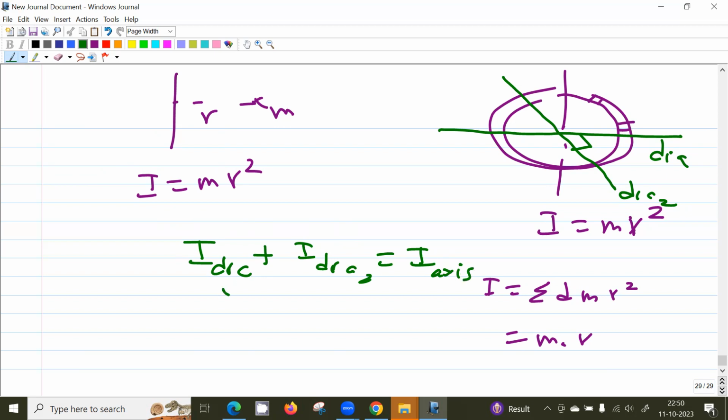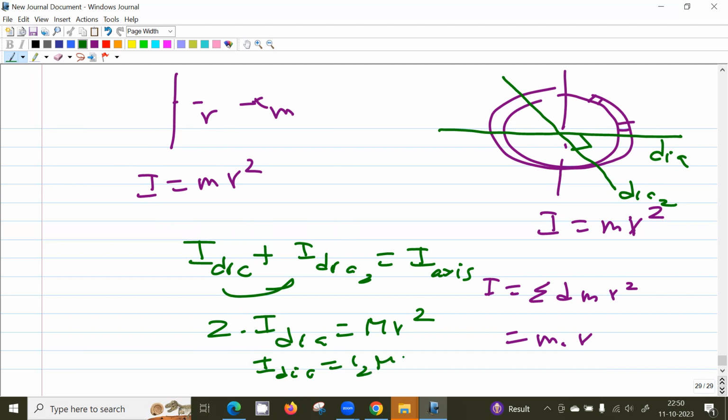And by symmetry, these two are equal. So this becomes 2 times I about the diameter equal to I about the axis, which is mr square. So from this, I get I about the diameter as half mr square. So here I use the perpendicular axis theorem to get the I about the diameter from the I about the axis.